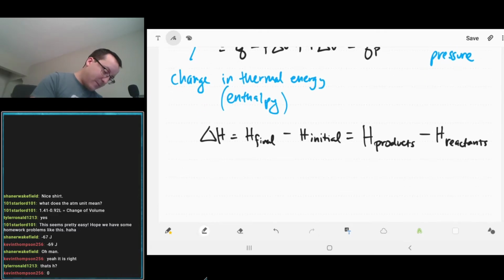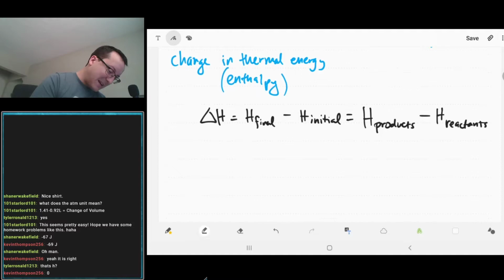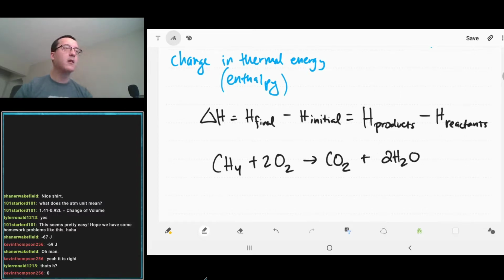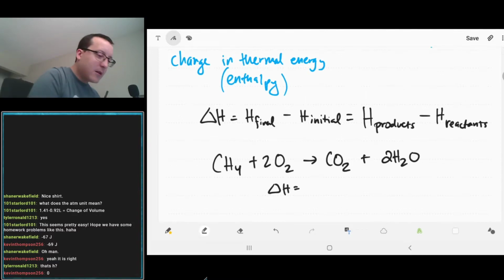So we're able to, for example, figure out how much heat is going to be associated with a reaction by doing this. Here's a reaction that we've studied before. Combustion reaction. I have this written down somewhere. There it is.